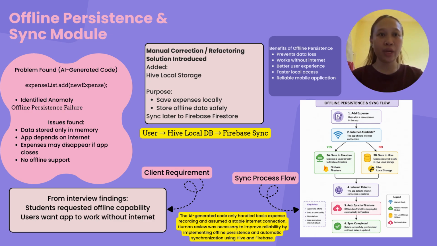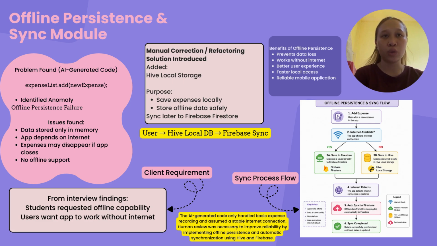For human verification, based on our interview findings, students requested that the application should continue functioning even without internet access. Users want to record expenses offline, view their previous expense data, and avoid losing financial records during network issues. Therefore, offline support became an important requirement for the application. Now I move to manual corrections.